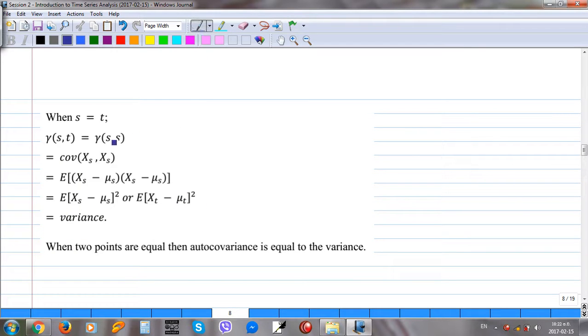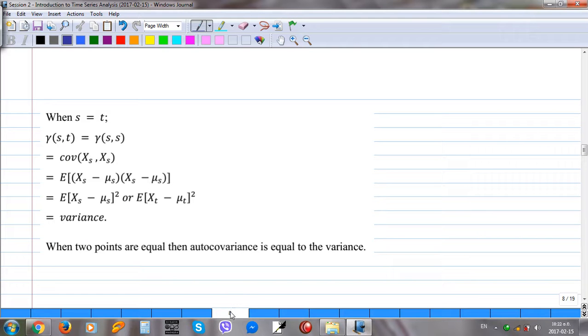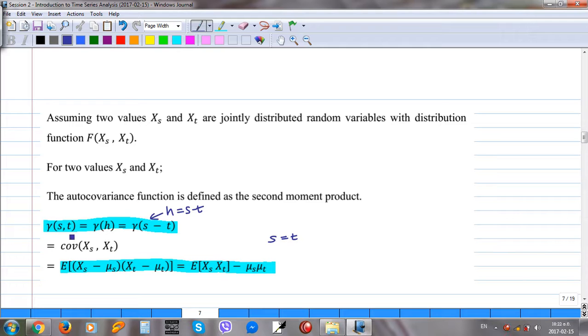Then let us see what happens when s equals t. Gamma s comma t becomes gamma s comma s, or you can write gamma t comma t, because s equals t.